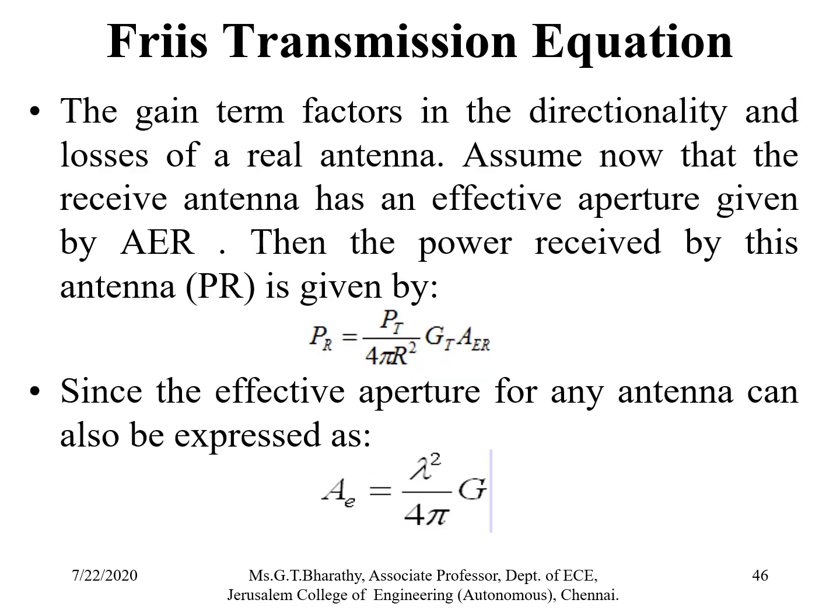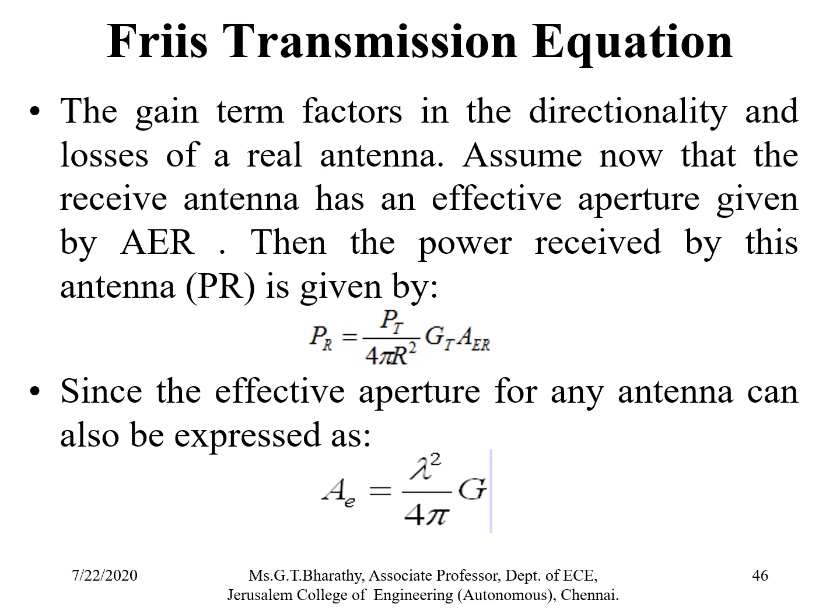So the gain factors in the directionality and the losses of a real antenna. Assume that we have an effective aperture of a receiving antenna given by Aer. Then the power can be written as the product Pt Gt Ar divided by 4 pi r square.